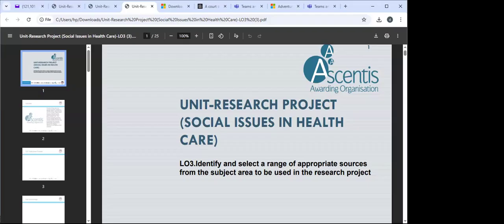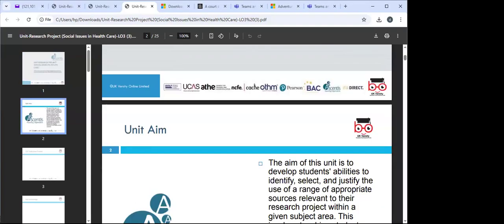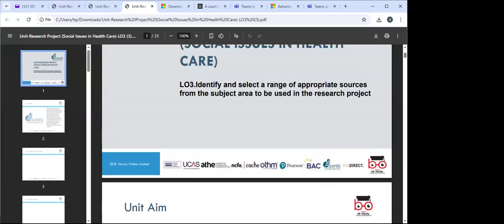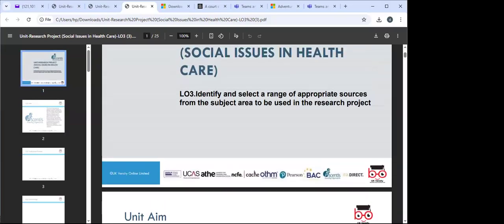All right. So we've done, I think, lesson 1 and lesson 2. And today we need to do justice to lesson 3, which seeks to cover identifying and selecting appropriate sources from the subject area to be used in research work.